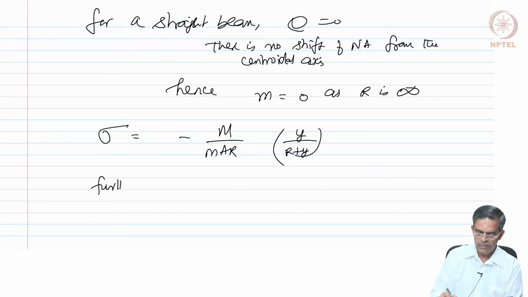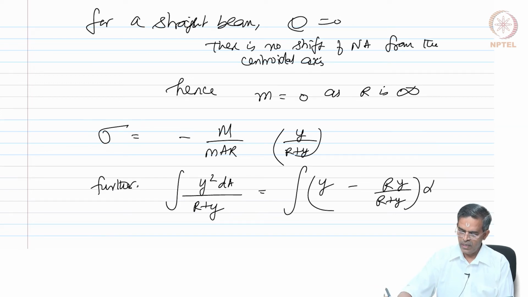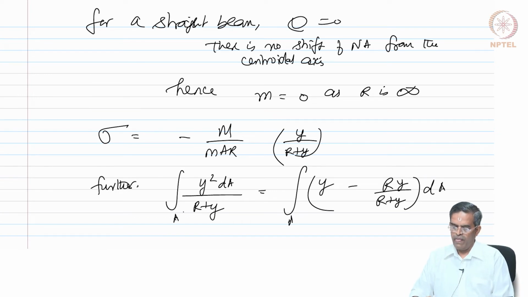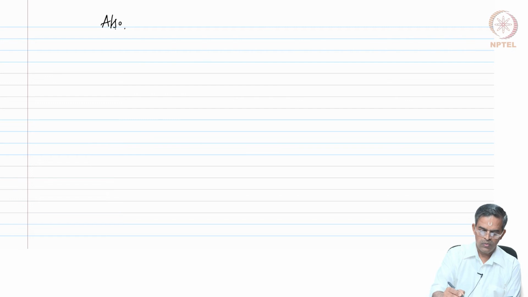Further, integral y square dA by r plus y will now become integral y minus ry by r plus y of dA for the area A. We also know integral y dA for the area A is 0.